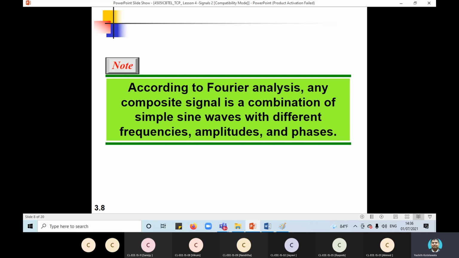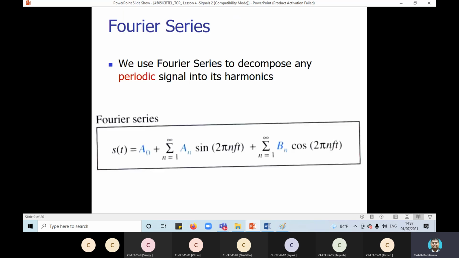So let's first see what the Fourier series looks like. Here you see the Fourier series, which is the mathematical representation of a general Fourier series, which we use to represent complex waveforms or complex signals. We use the Fourier series to decompose any periodic signal into its harmonics. Same statement repeated.